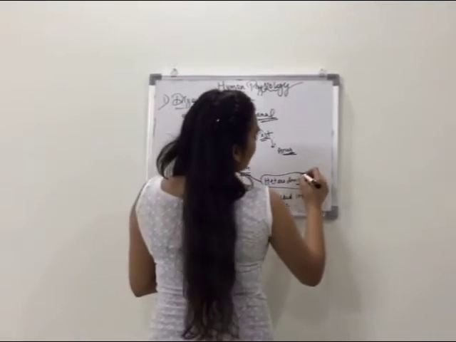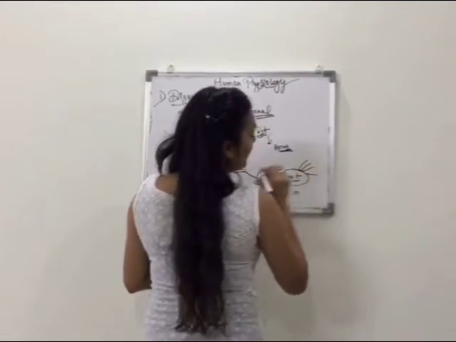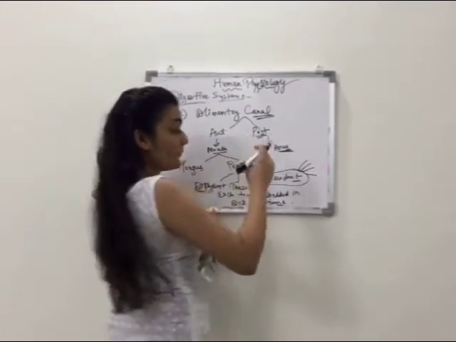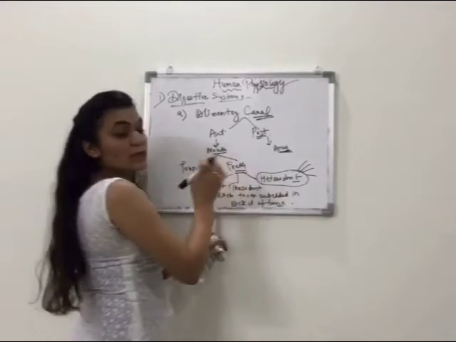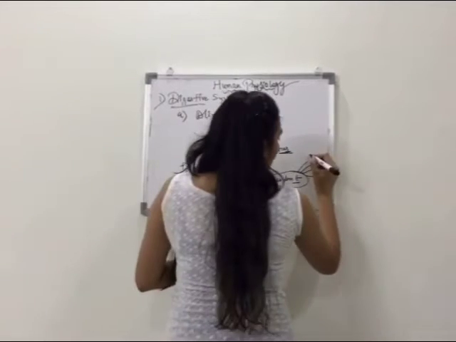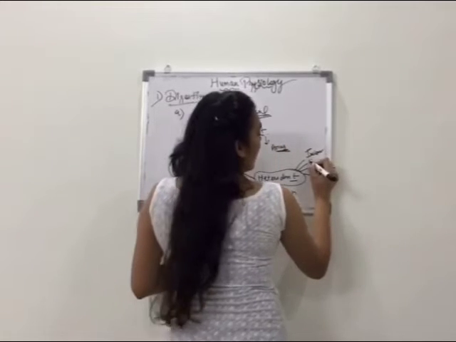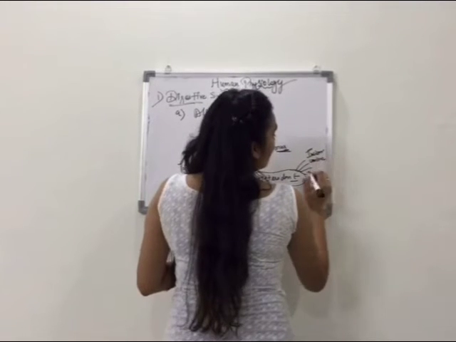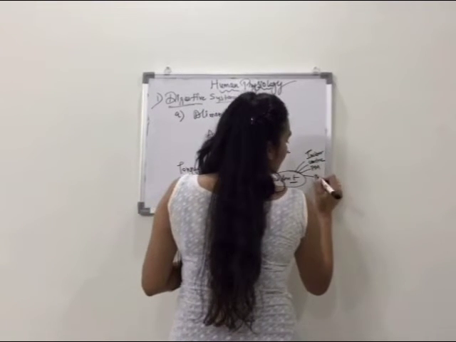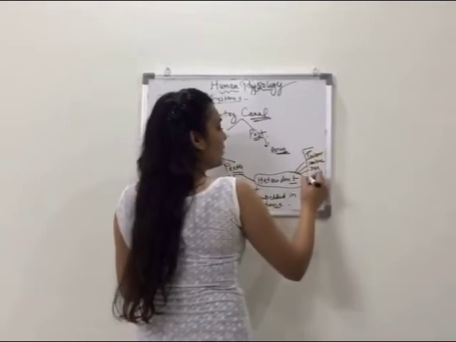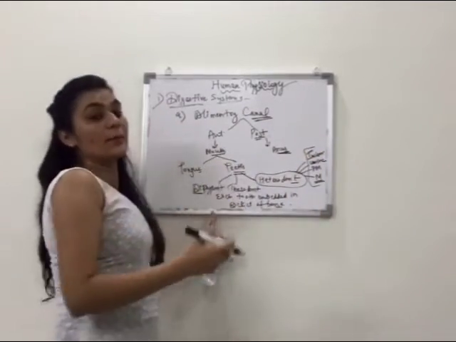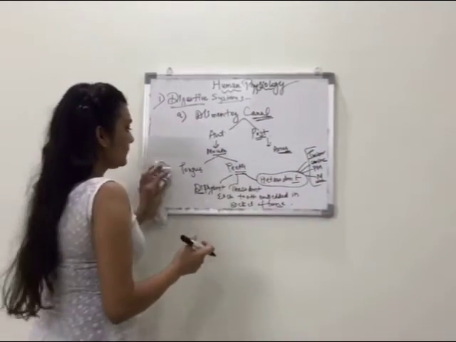That means teeth are of four different types, as hetero means different. The first is the incisors, the second is the canine, the third is the premolar, and the fourth is the molar. They are four different types of teeth.